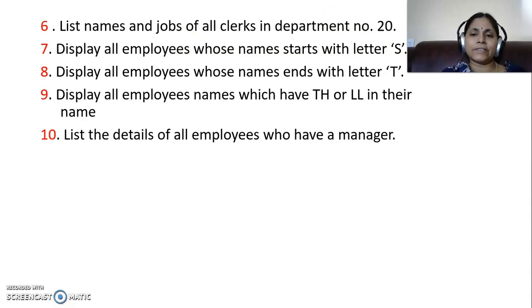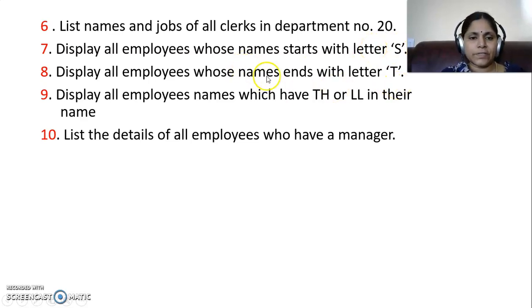That is the syntax. Next, display all the employees whose name starts with letter S. For this we need to say select star from EMP where name like, within single quotes. Like is the operator we should use here.